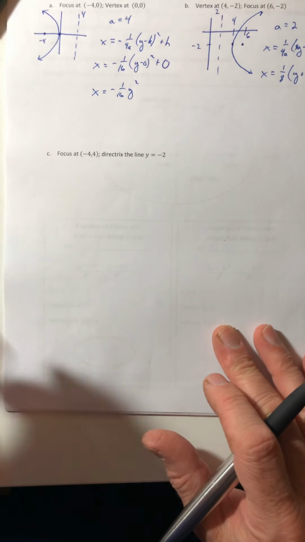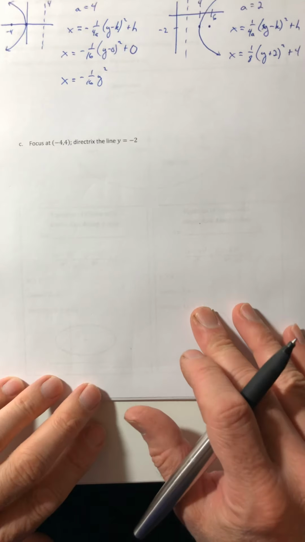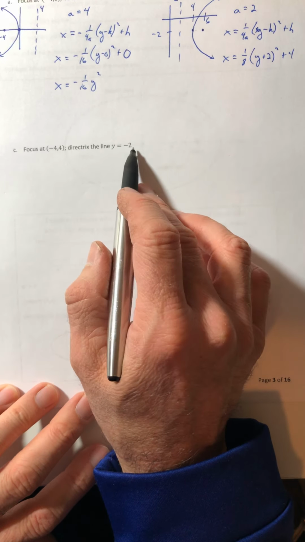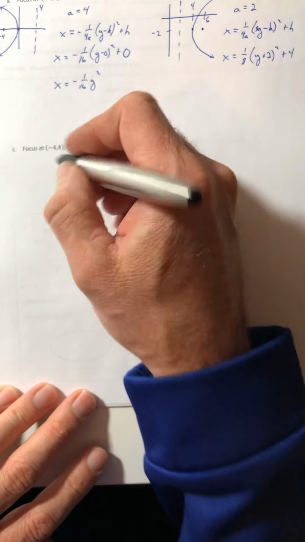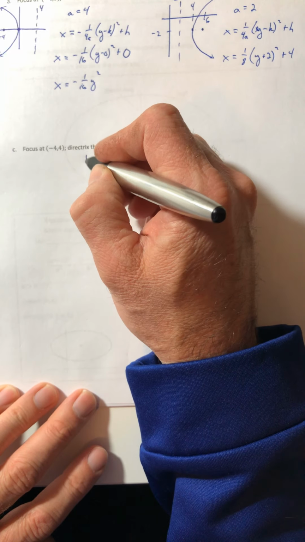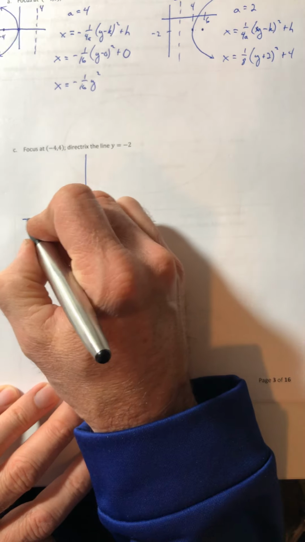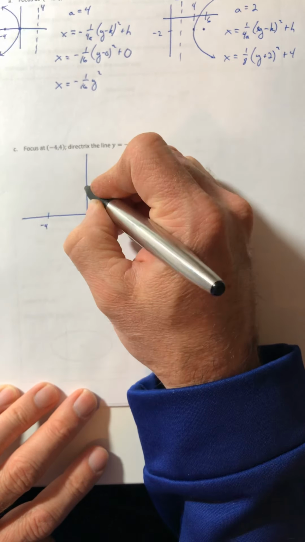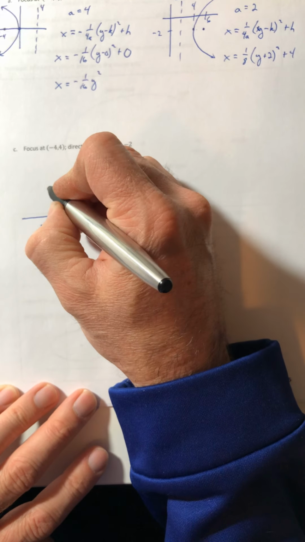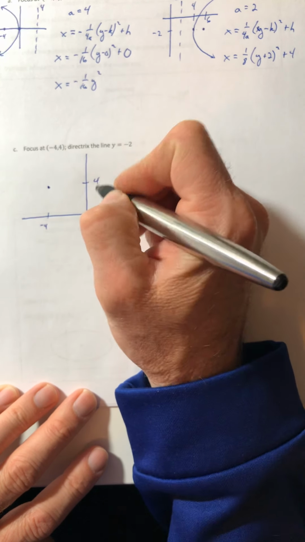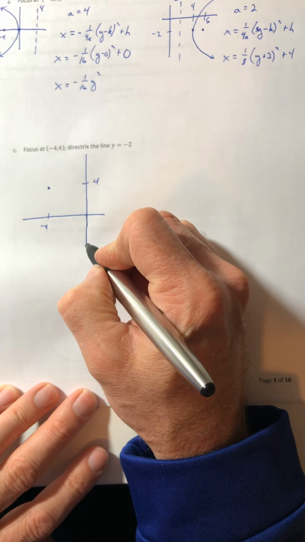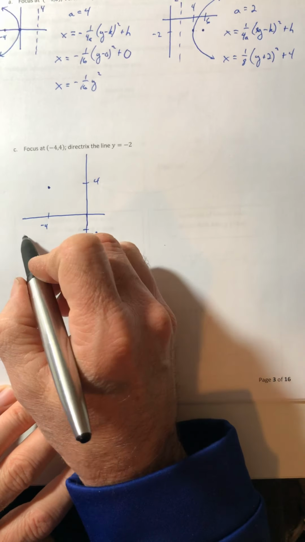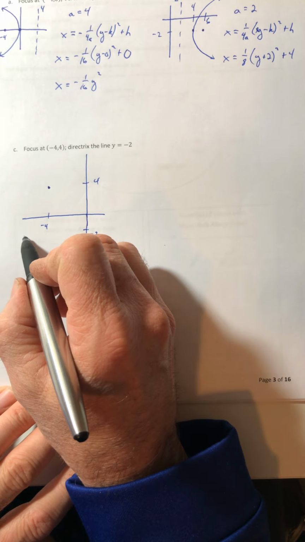All right, let's look at this last one. The focus is at -4, 4, and the directrix is the line y equals -2. So let's kind of cheat again. So here's your focus, and the directrix is at -2.